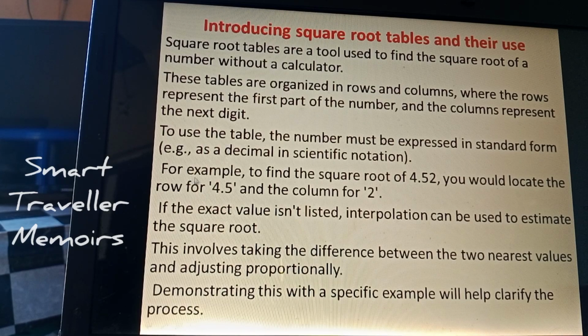For example, to find the square root of 4.52 you would locate the row for 4.5 and the column for 2. If the exact value isn't listed, interpolation can be used to estimate the square root. This involves taking the difference between two nearest values and adjusting proportionally. Demonstrating this with a specific example will help clarify the process.